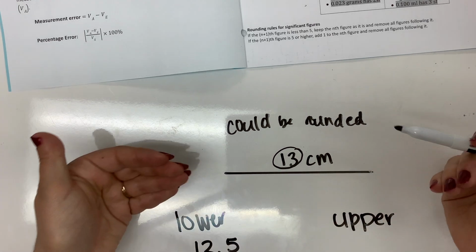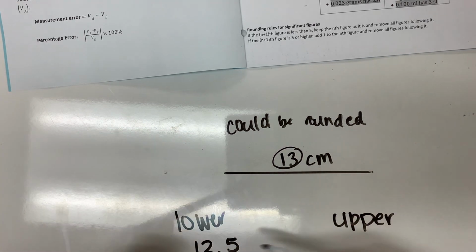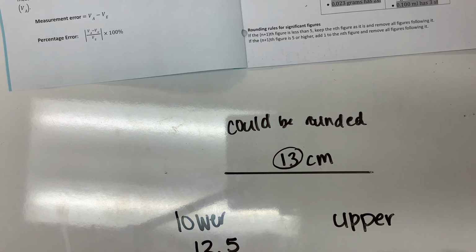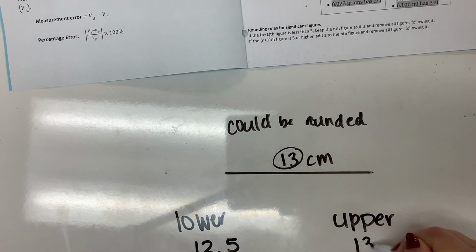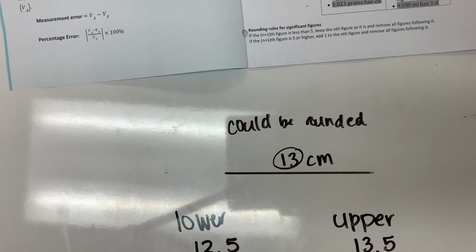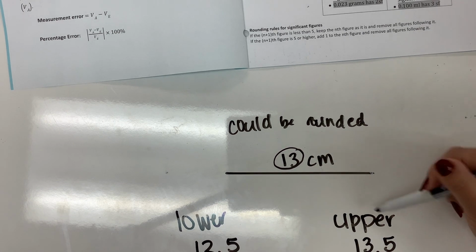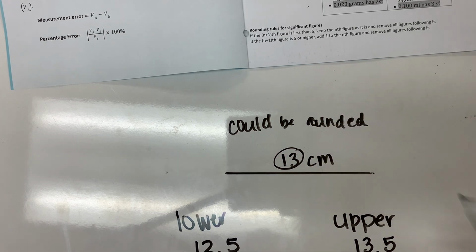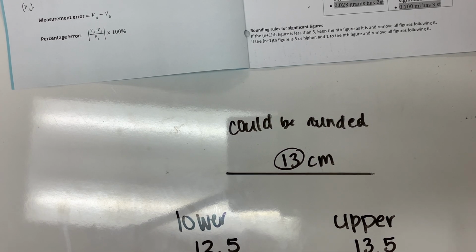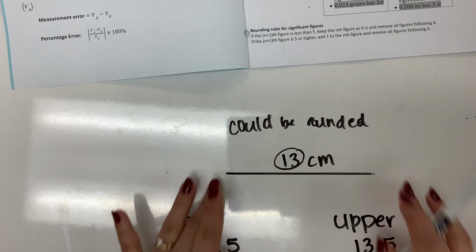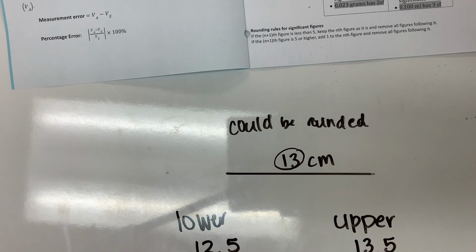Or she could be rounding down from something as high as 13.5, because if it was 13.49, she would have rounded down to 13. So this is my lower bound and my upper bound for what this measurement could have been. That's basically what upper and lower bounds are.